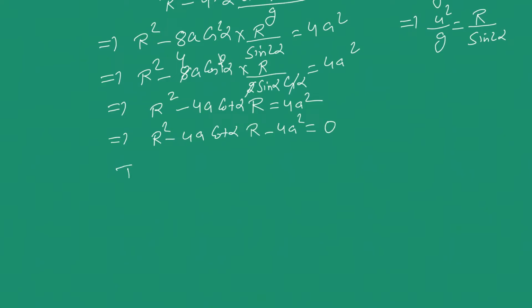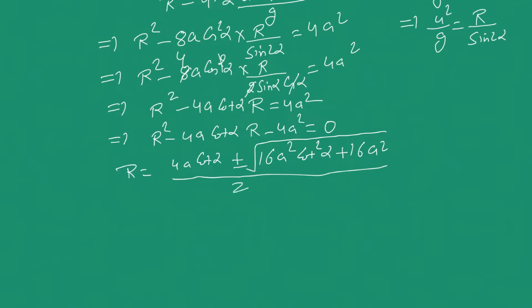Now this is quadratic in r and can be solved as 4a cot alpha plus minus the square root of 16a square cot square alpha plus 16a square, divided by 2. This implies 4a cot alpha plus minus 4a times the square root of cot square alpha plus 1, divided by 2.